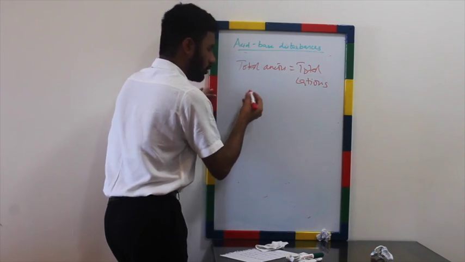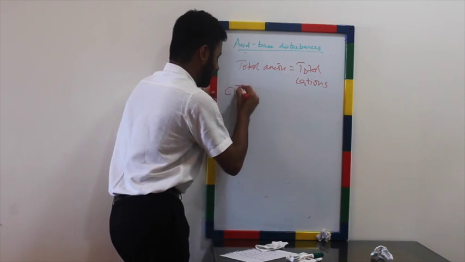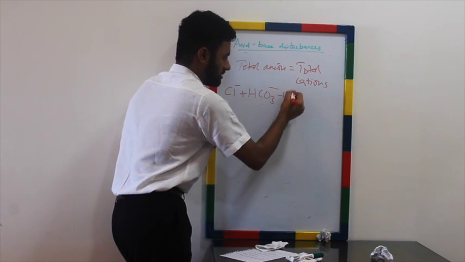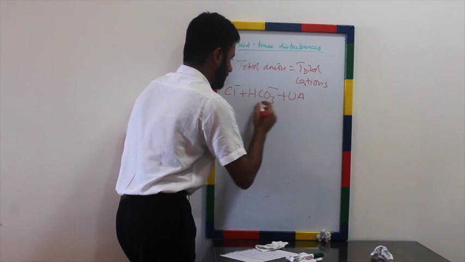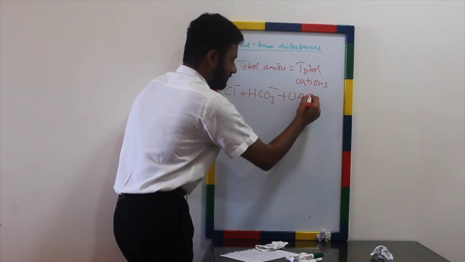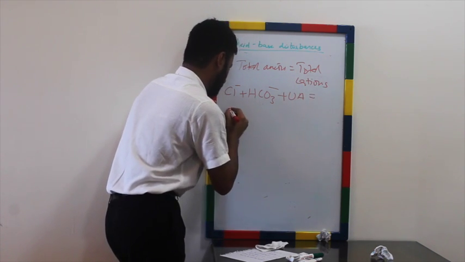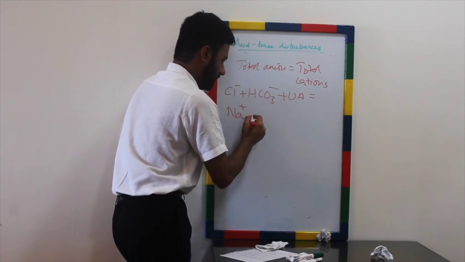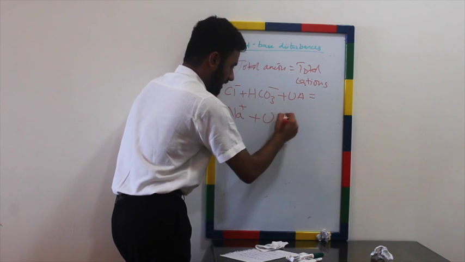So the total anions, what is normally measured is chloride plus bicarbonate plus certain unmeasured anions. This is equal to the total cations, which is sodium, the predominant cation in the ECF, plus the unmeasured cations.